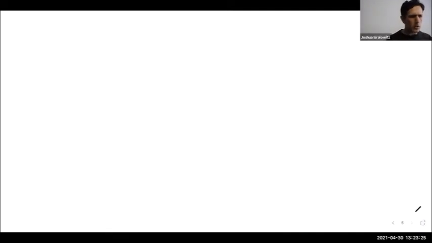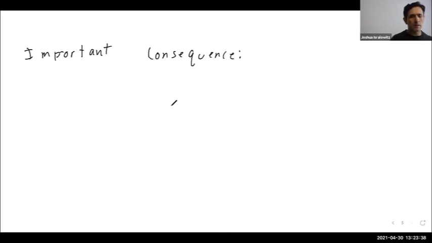All right, so we have an important consequence. Let's say we have a g, and in future videos that look into integration, this is going to be extremely useful for particularly what are called L^p spaces.